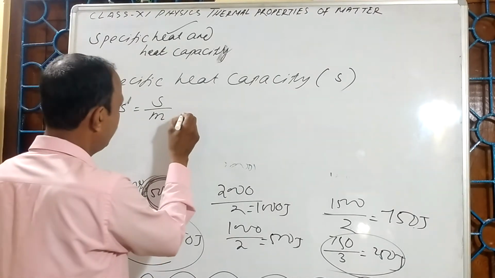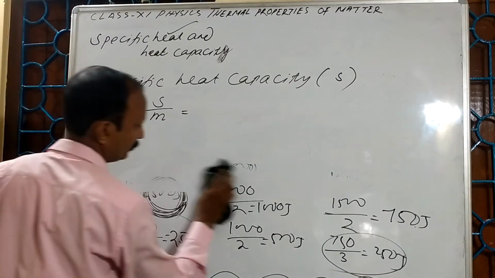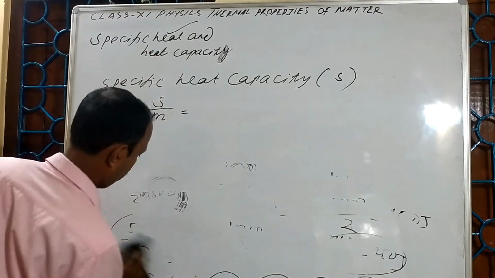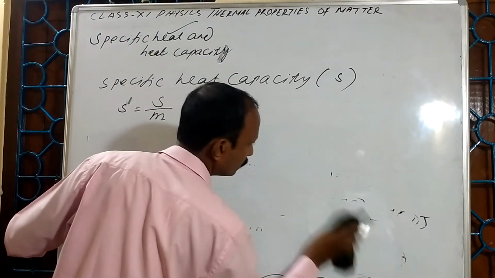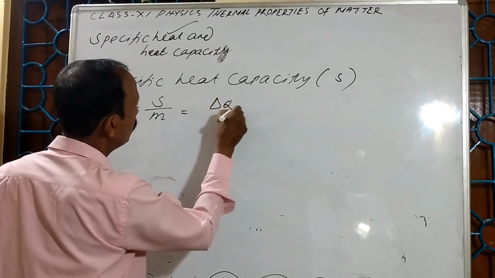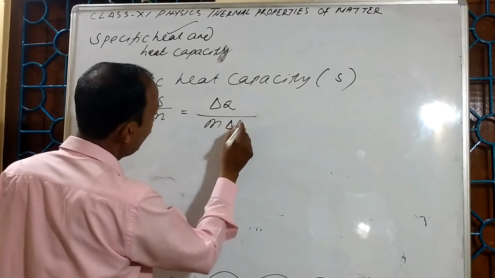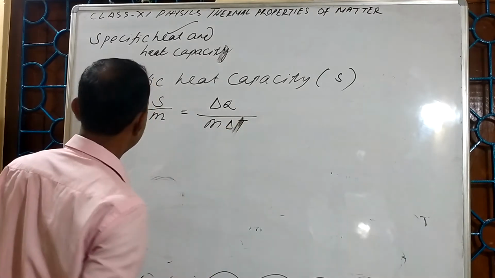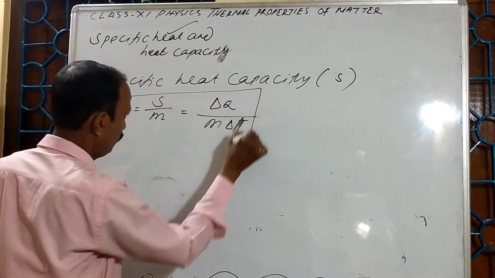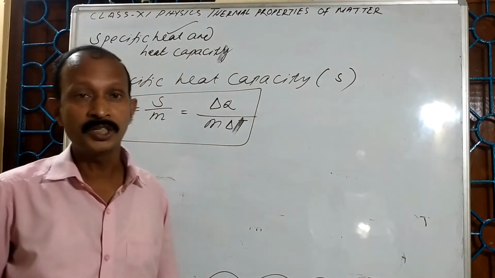So I can write that in this case also, s equals delta Q upon m into delta T. This is the formula for specific heat capacity.